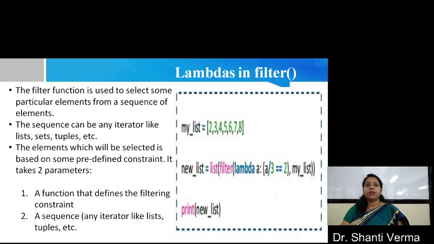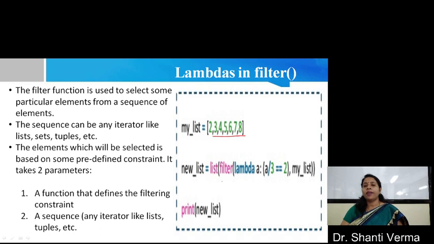The filter function has two parameters. First is a function that defines the filtering constraint, and second is a sequence like any iterator, a list, tuple, set, etc. In this example, you can see that I first declare a list named my list with the values 2, 3, 5, 6, 7, 8.